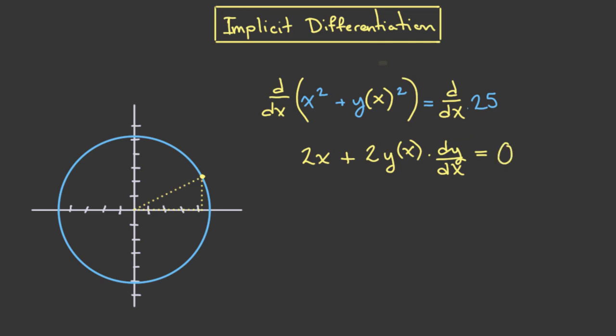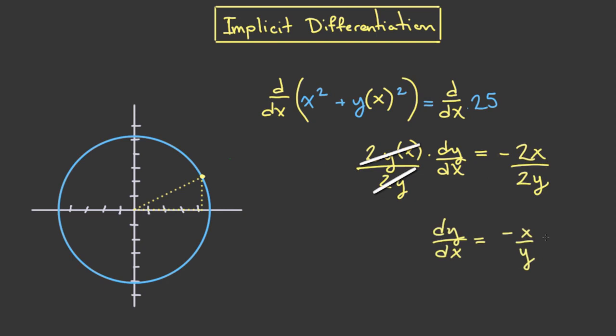So now we have an equation, and let's solve it for dy dx. I'm going to subtract 2x from both sides, and I get 2y dy dx is equal to -2x. Dividing both sides by 2y, I get that dy dx is equal to -x over y.